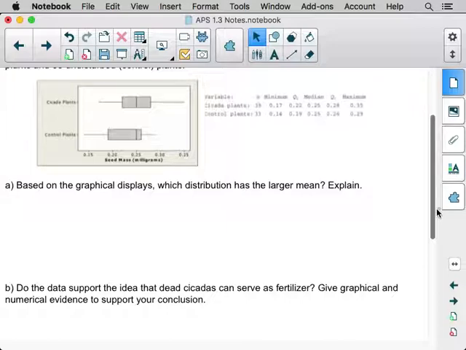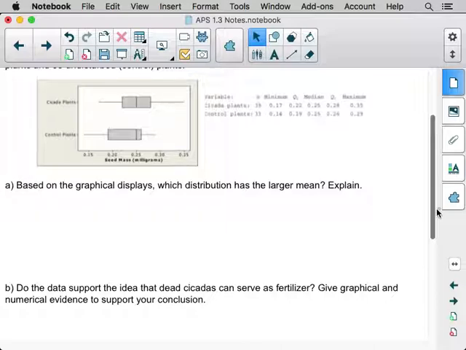All right. So, next, do the data support the idea that cicadas can serve as fertilizer? Give graphical and numerical evidence to support your answer. All right, so do we think that this works?